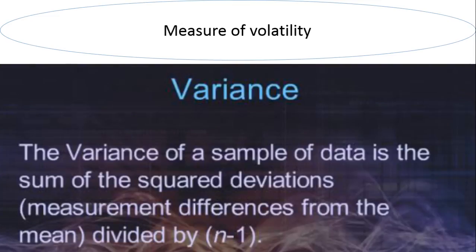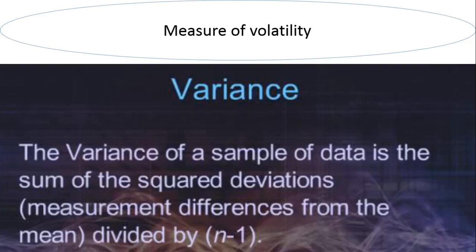The variance of a sample of data is a sum of squared deviations. A squared deviation is the squared difference between every observation and the mean. And when we divide this sum by n minus 1, you have the variance of your sample.